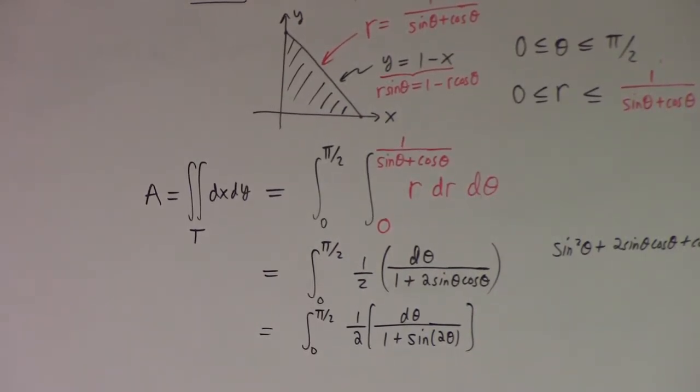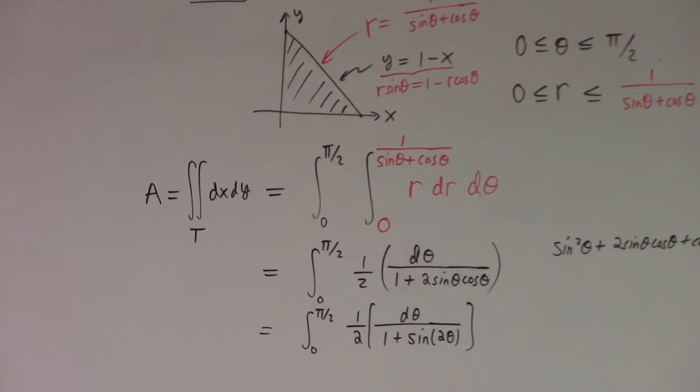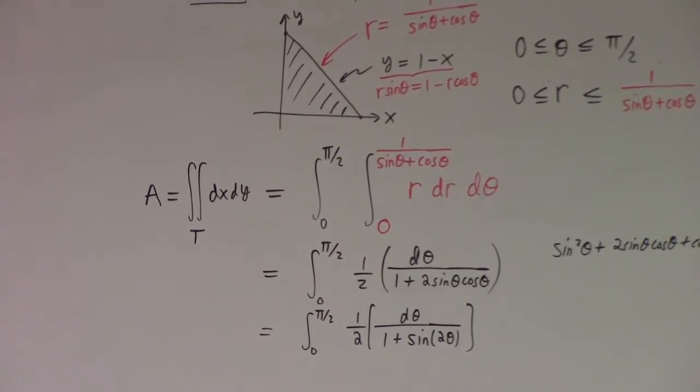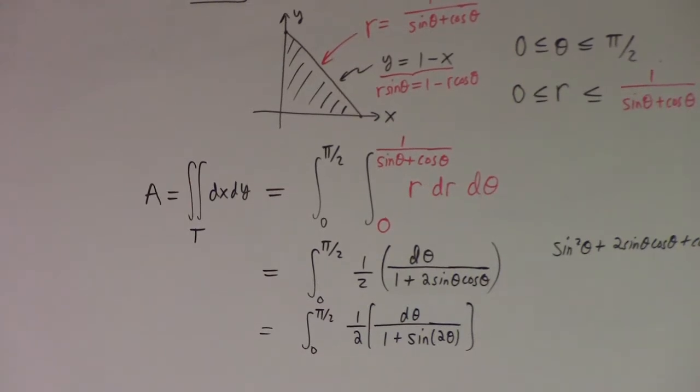And then the other thing turns into 1 plus 2 sine theta cosine theta. What? Sine squared plus cosine squared on opposite ends.